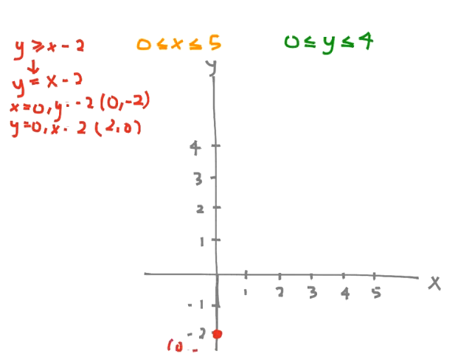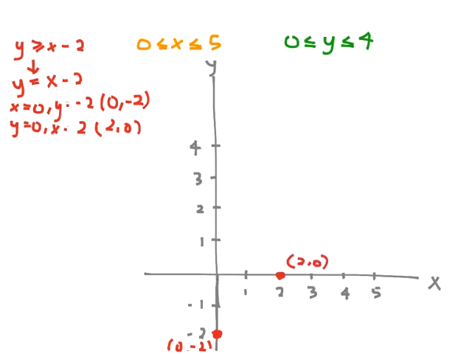So this is (0, -2). Okay, and then the second point you have is (2, 0). So (2, 0) will be here. So again, plot your point, label your point, (2, 0).